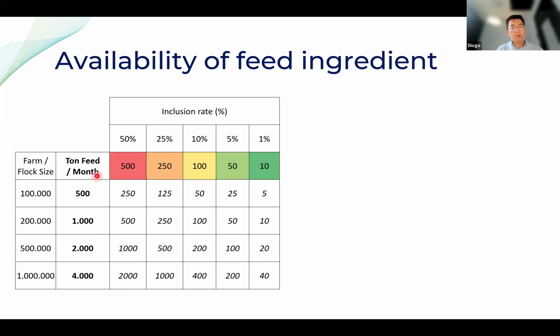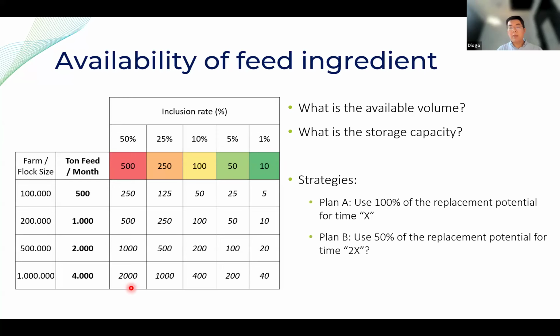Based on the quantity of feed that we need to produce per month, we have the estimation of the quantity of each ingredient we need to acquire, to buy monthly. So this quantity relates to the available volume and the storage capacity, and based on these two questions, we can think about two strategies.